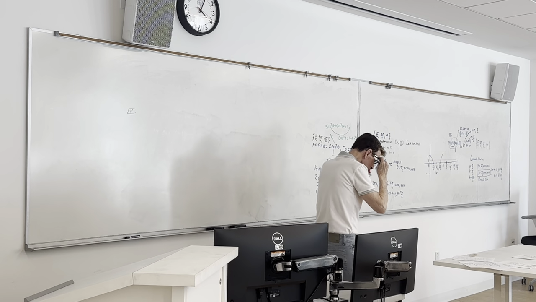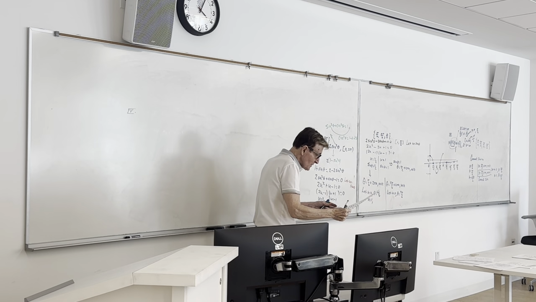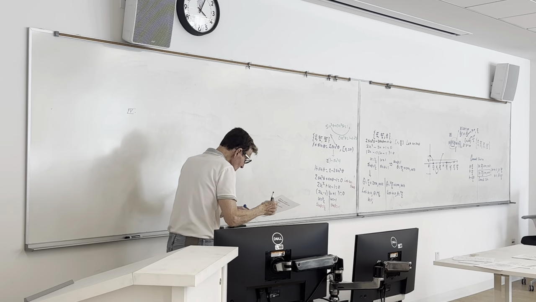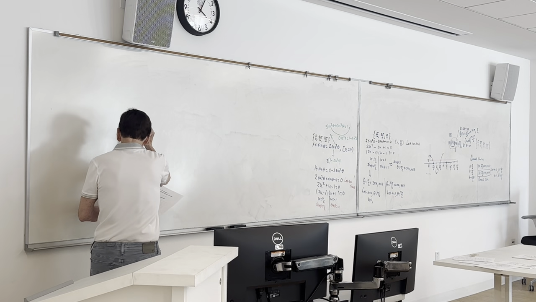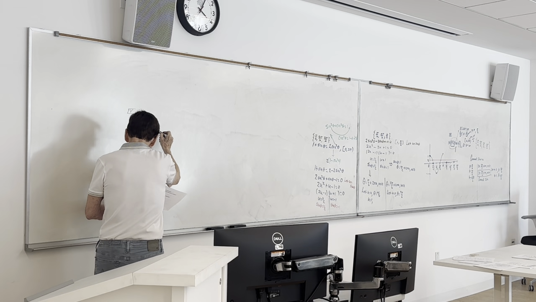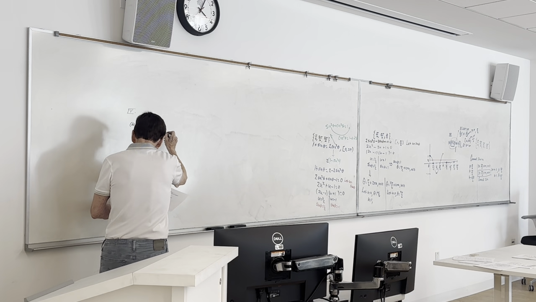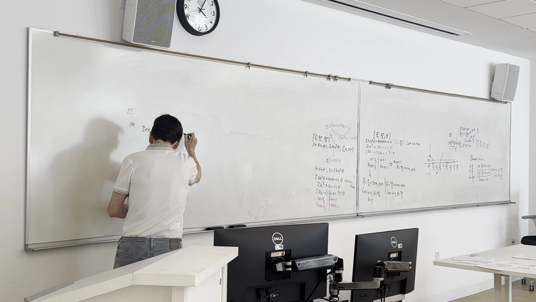Okay, part 4 says establish. Now, Philip, it says establish, don't solve. So these are different. Establish the identity. For an example here, secant theta times sine theta is supposed to be equal to tan theta.